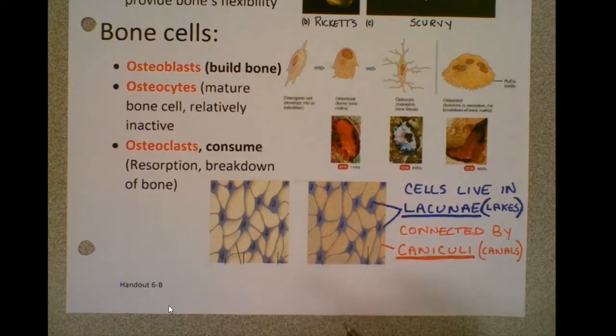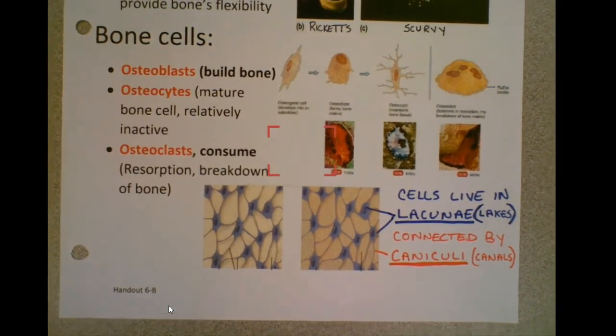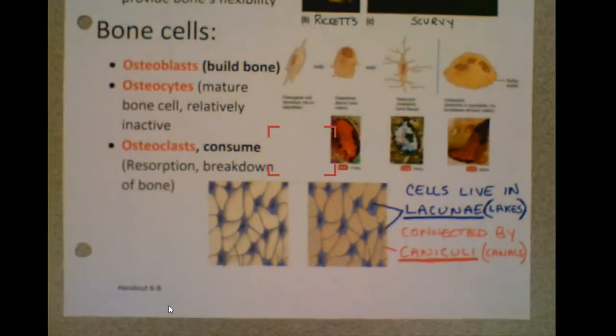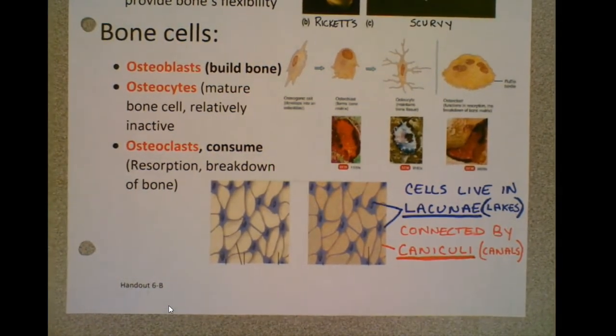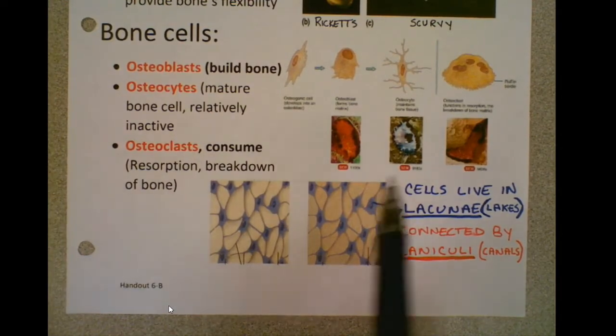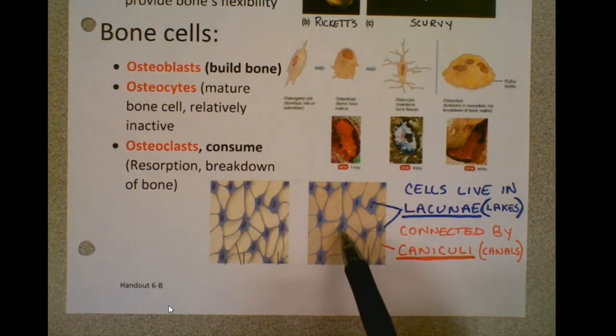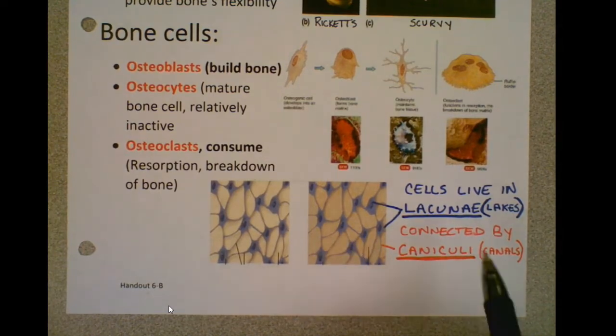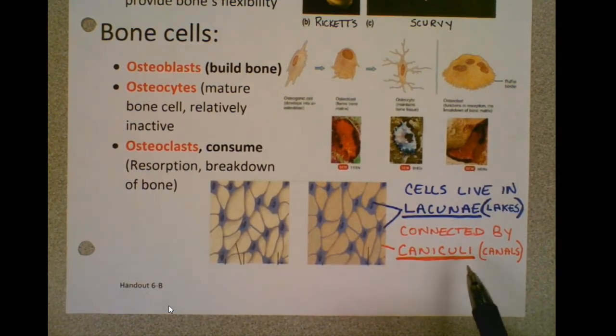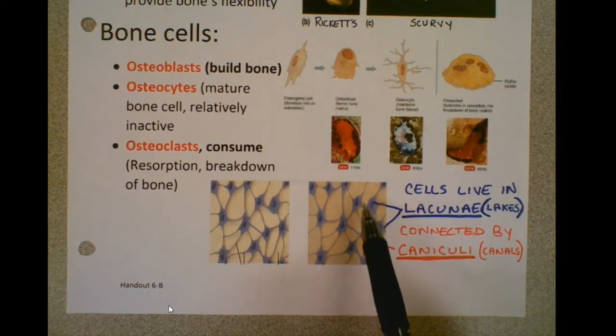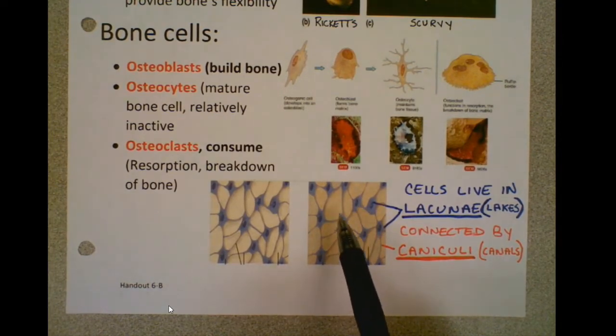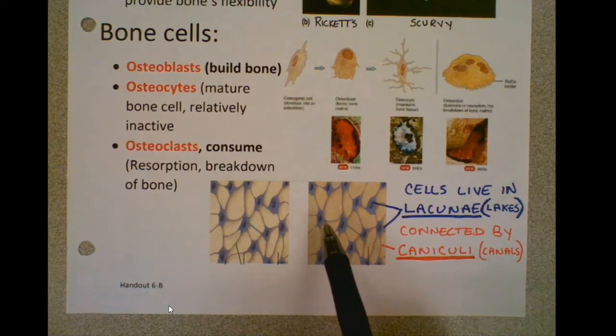I always think of the osteocytes as living in like little houseboats on a lake. Let's get this in focus here a little bit better maybe. All right. Now all the little lakes are far apart, but they're connected by canals. These canals are called canaliculi. And this is so the bone cells can send messages back and forth to one another.